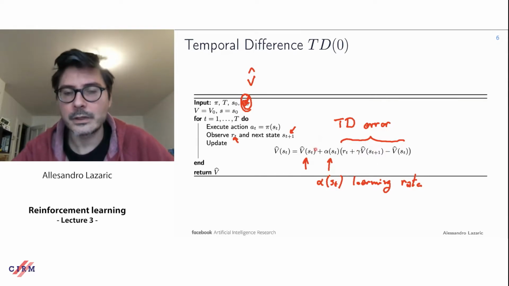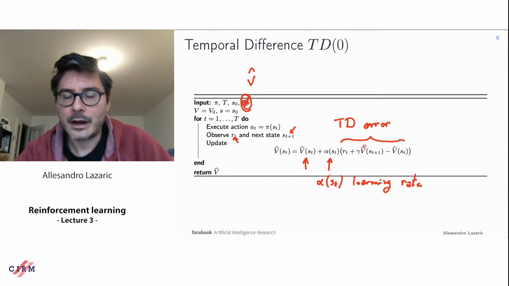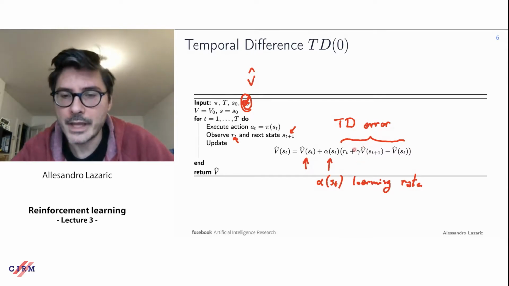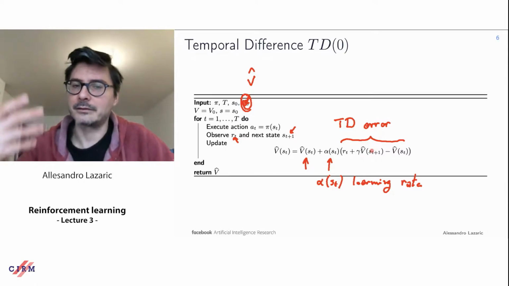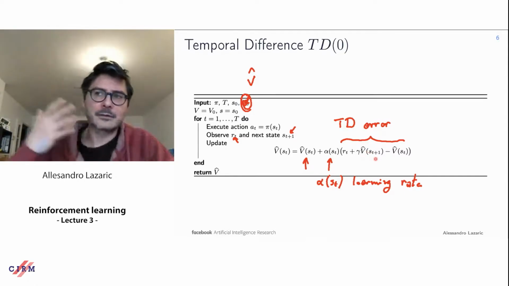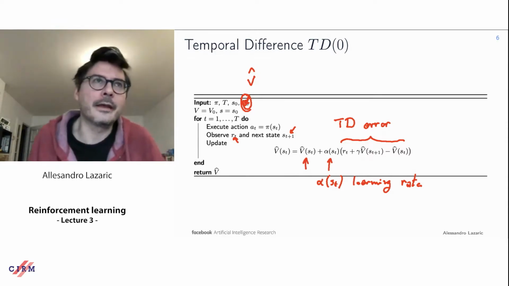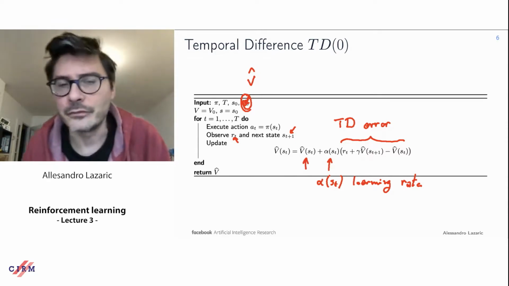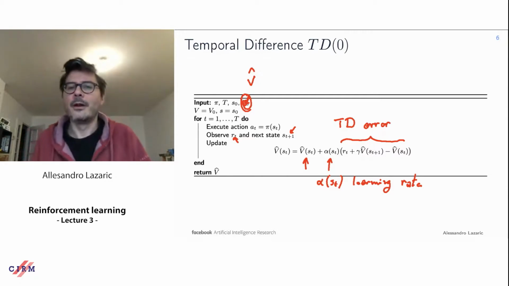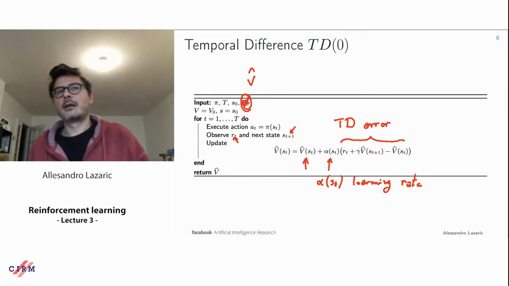So it's really weird that I'm saying, oh, I correct this v hat by how wrong my v hat is as evaluated according to my v hat itself. So this seems like a chicken and egg problem, right? The only thing that I know is v hat, and I'm correcting v hat with v hat, but v hat is wrong. So what am I doing here?